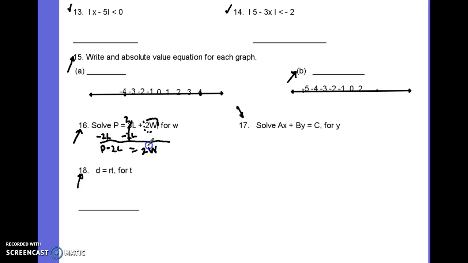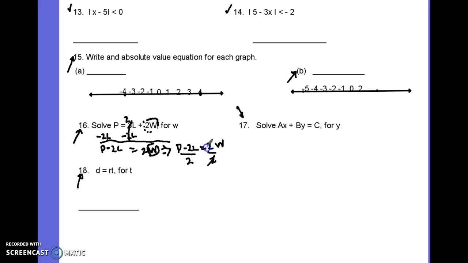And now to solve it for W, the 2W is just like 2x. We want the W to be by itself, so just as we would do with any equation, we divide both sides by 2. So here we're going to do P minus 2L divided by 2 will be equal to 2W divided by 2.